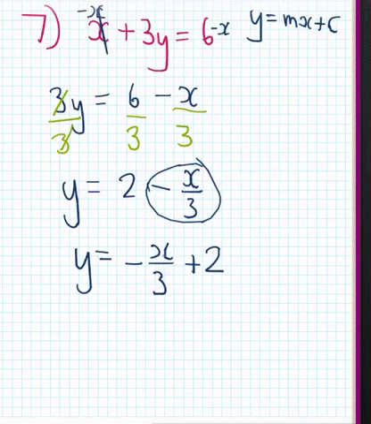Now with this, we've got our equation, and you might be thinking, well, what is my rise and run for my gradient? Where's m? X is sitting on top. Just remember, there is an invisible 1 next to the x, so I really have a third or negative third. So we can actually write our final equation by showing that 1/3, which is important so we can see our gradient.